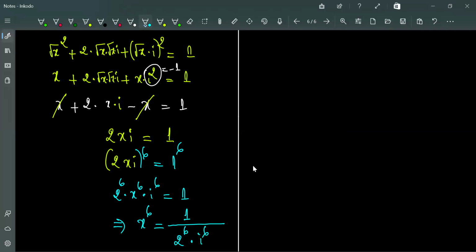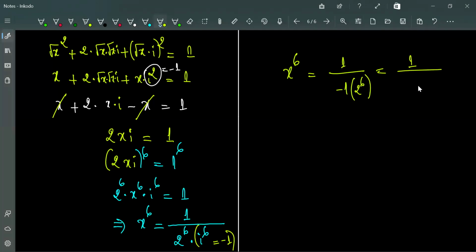In the first method, we know that i power 6 is equal to negative 1. So right now, x power 6 is equal to 1 over negative 1 times 2 power 6, and 2 power 6 equal to 64.